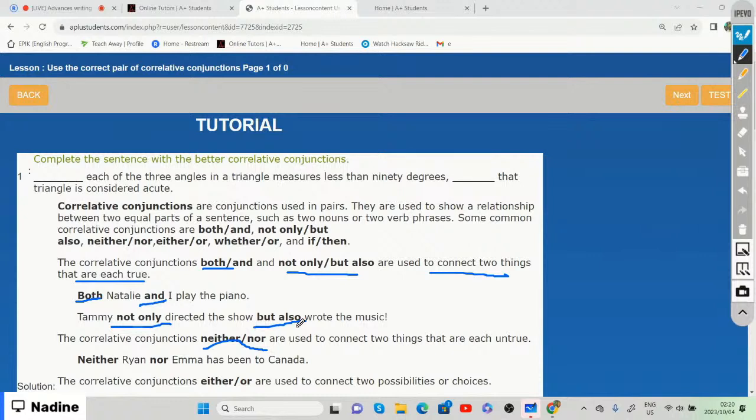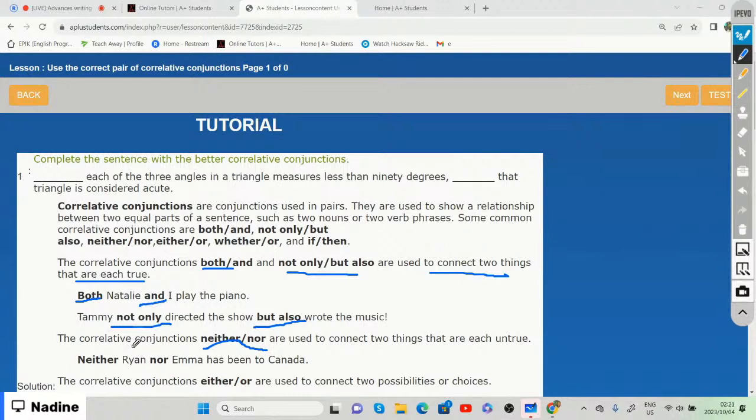So it's like you are saying neither this nor that, right? Neither that answer nor that specific one. So it basically connects two things that are each untrue. So that is how we use neither or nor, right? It basically shows that two things are each untrue.